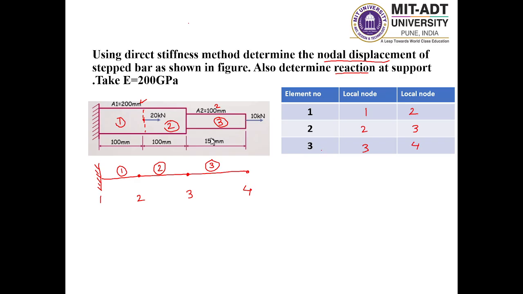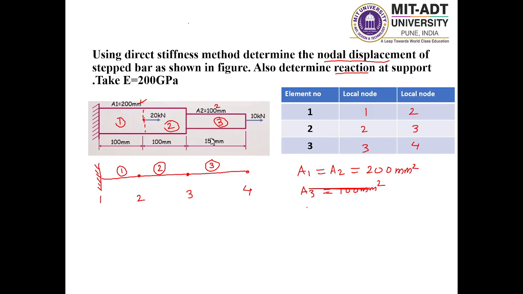Now in the third step, let us first write what data is given. Area 1 and area 2 are equal, so I am writing area 1 and area 2 equal to 200 square. Then we have area 3; as this is element number 3, area 3 is given as 100 square.